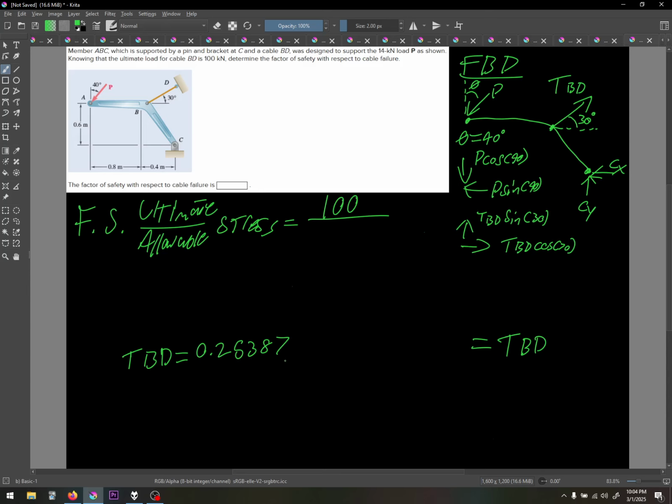It should be 100 times 10 to the negative second over 0.25387, which is equal to 3.93, which is the factor of safety.